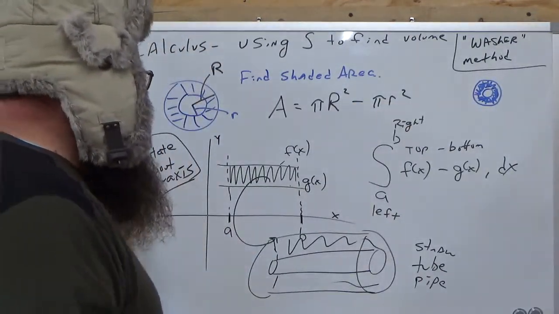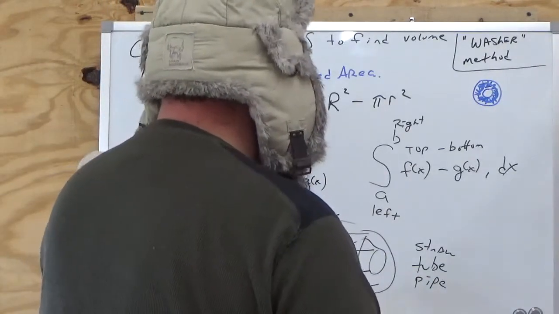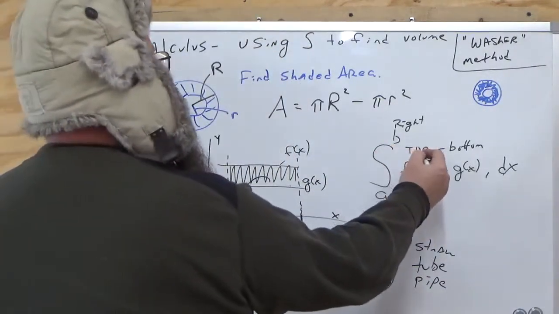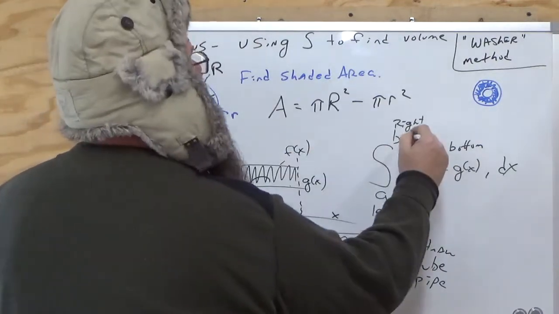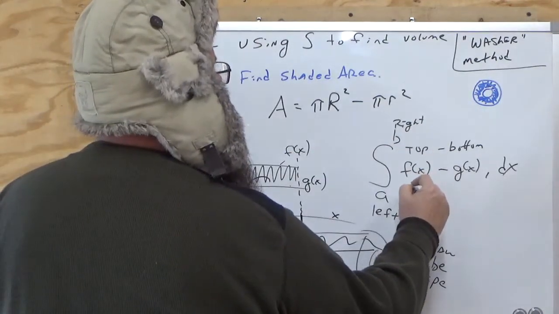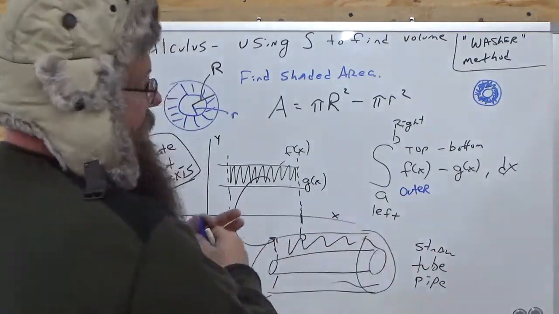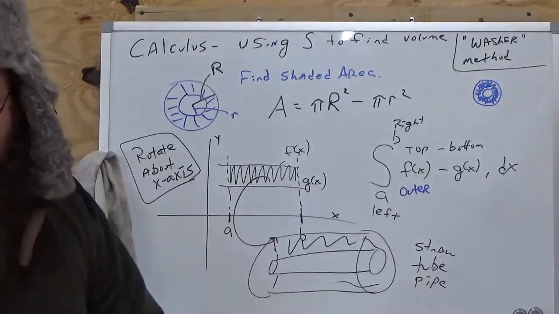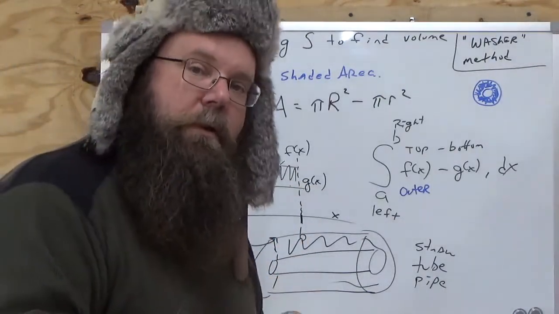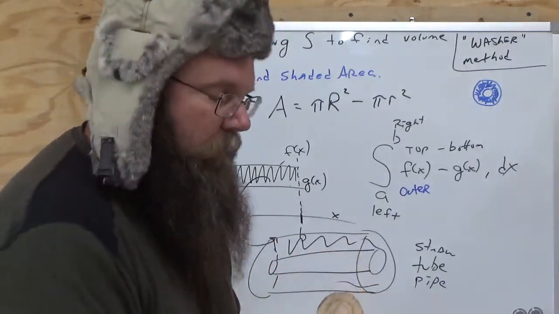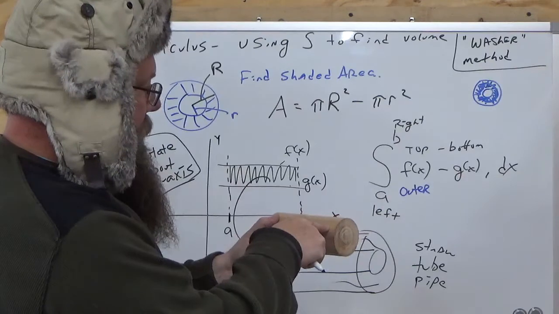So what we're going to do, if we're spinning that, this top, if that becomes 3 dimensions, that top is now the outer. Because if that's 3 dimensions, the first radius you encounter, now that I think about it, folks, I probably should have drilled a hole through here so you could see it. I apologize. The first radius you encounter is the outer. That's the f of x.